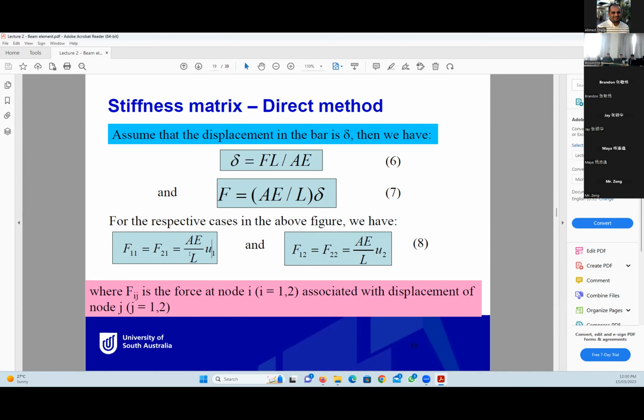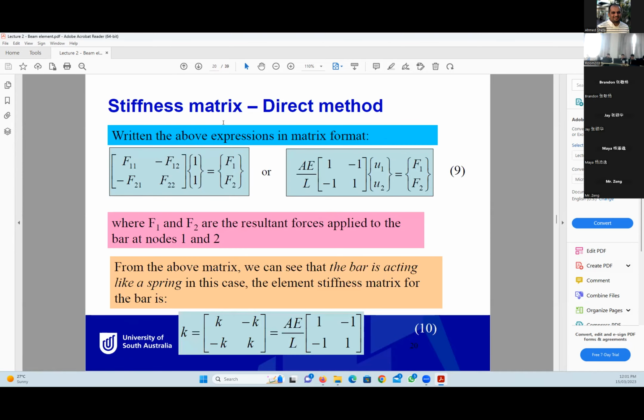So they follow the general rule for displacement and forces, using U1 here. And F12, similarly, is the force at node 1 due to displacement at node 2, and F22 is the force at node 2 due to displacement at node 2. It will be the same, but instead of U1, it will be U2. So again, the forces are associated with displacements at nodes 1 and 2.